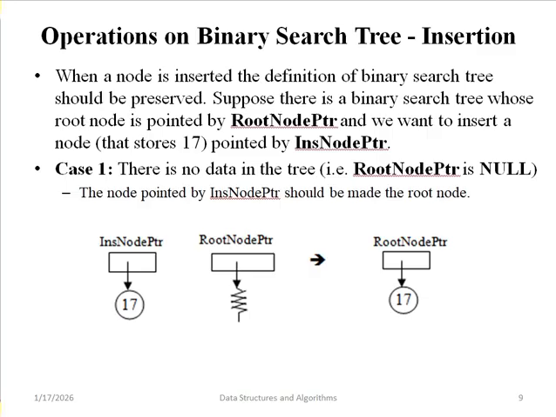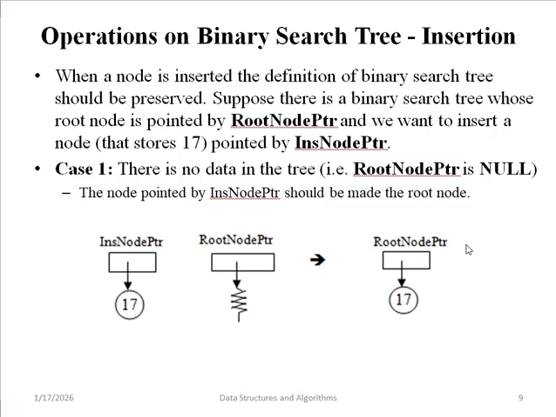When we are inserting, we can consider some cases. Case 1: there is no data in the tree, that is, the tree is empty. If the tree is empty and we have a node to be added, we simply make the root node pointer point to that node.